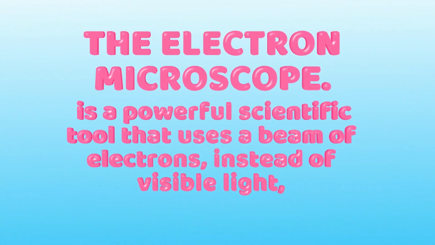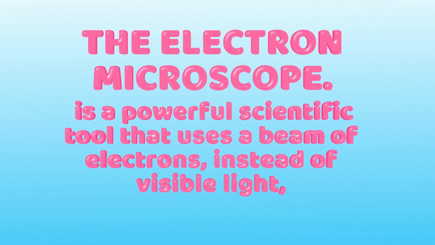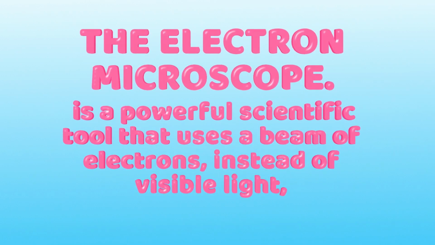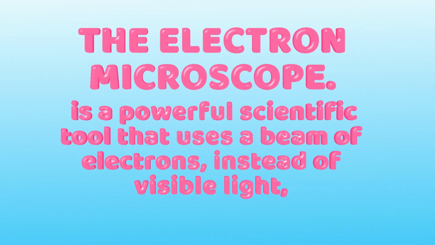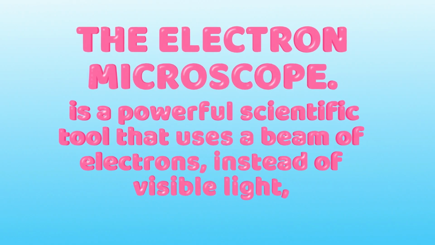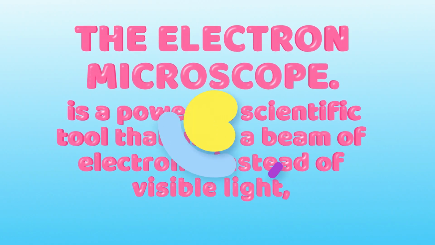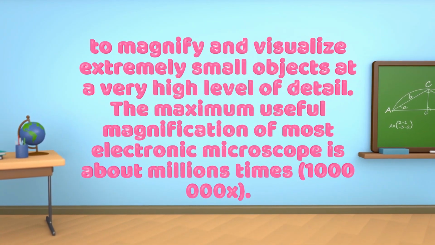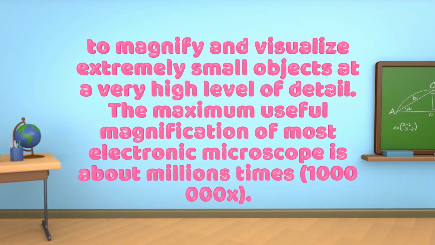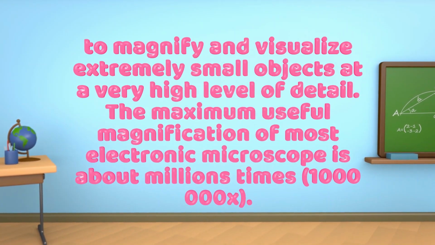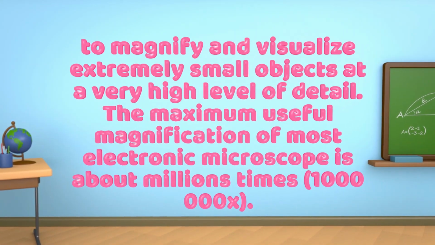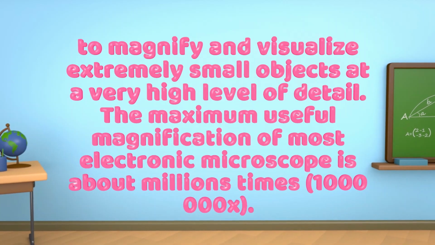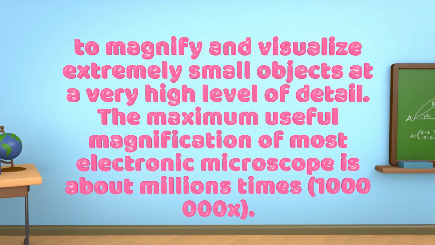Also, we have the electron microscope. An electron microscope is a powerful scientific tool that uses a beam of electrons instead of visible light to magnify and visualize extremely small objects at a very high level of detail. The maximum useful magnification of most electron microscopes is about millions of times.